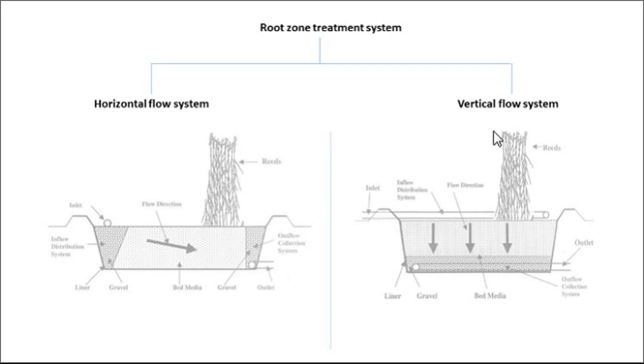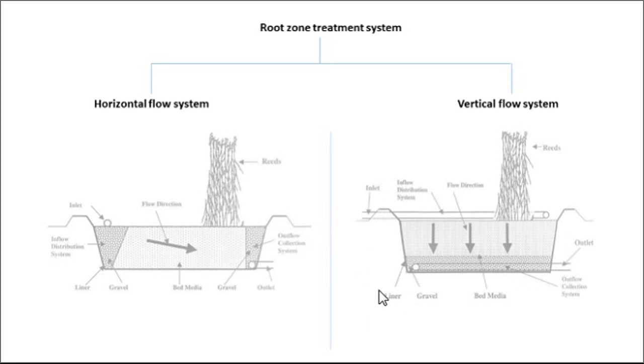In the case of a vertical flow system, the wastewater is applied through this pipe and flows vertically through the soil, through the coarse sand, then gravel, and finally it is collected in the underdrainage system. Sometimes a polyethylene liner is also applied like this to avoid the entry of this wastewater along the side grounds.